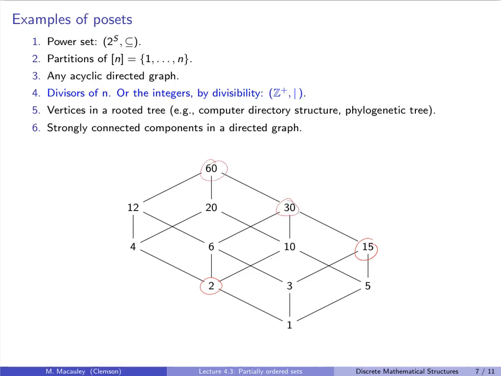And there's going to be, of course, a minimal one of those. And then the greatest common divisor is, of everything that's below 2 and 15, well, there's only one of them, it's going to be that one. So again, the LCM is an example of a least upper bound, and the GCD is an example of a greatest lower bound.